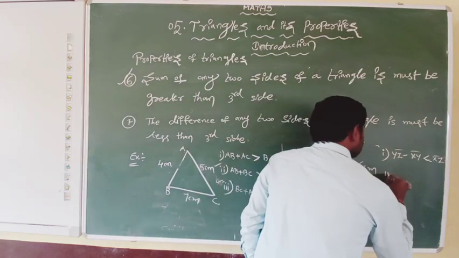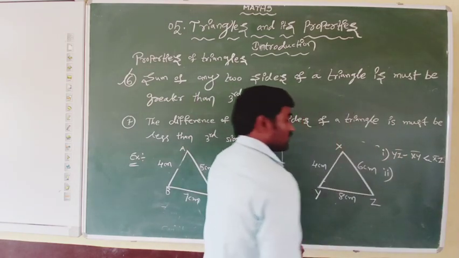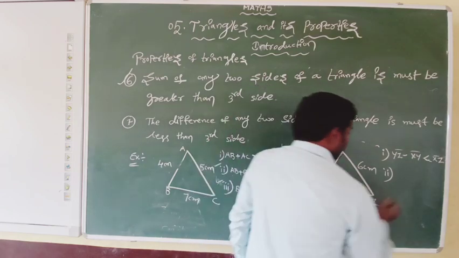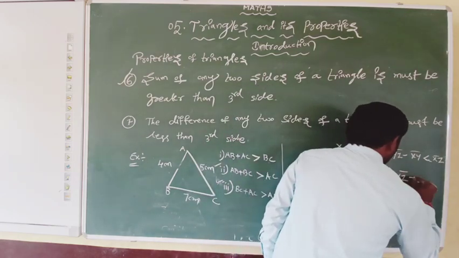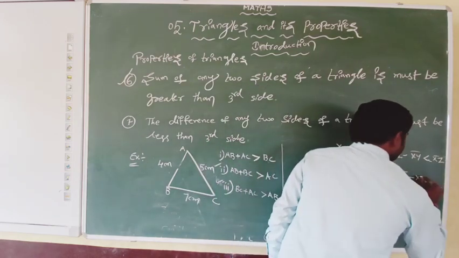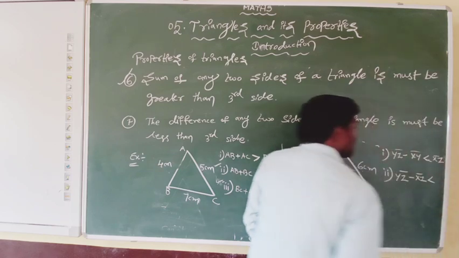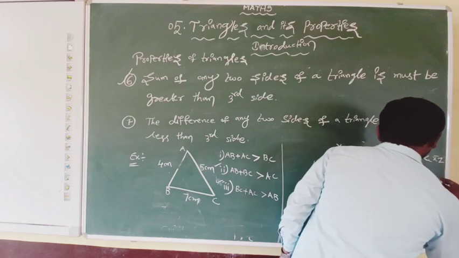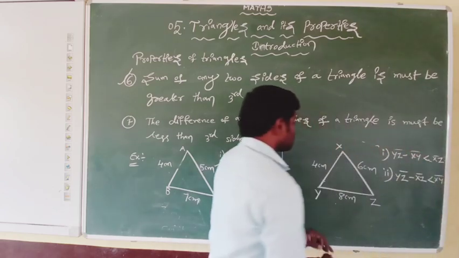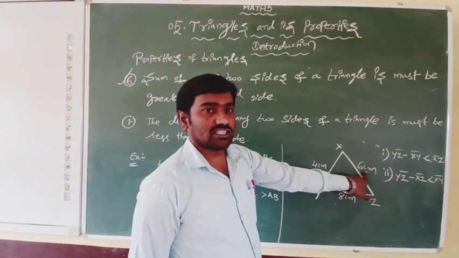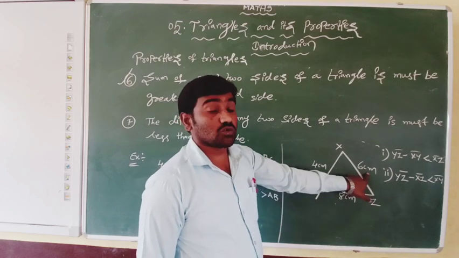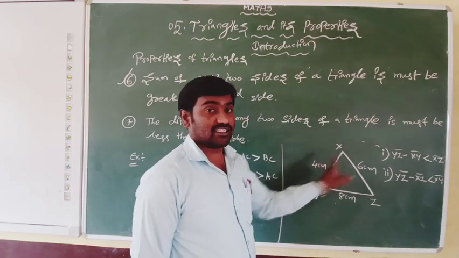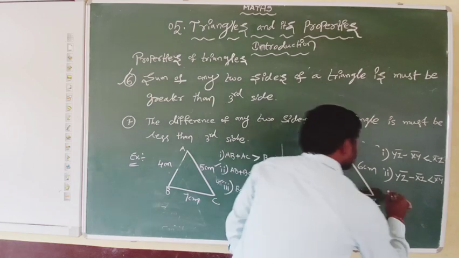Then the second condition is this. Let's go for that now. We'll take YZ minus XZ. It should also be less than the third side. Yes. Here 8 centimeter minus 6 centimeter. 8 minus 6 is 2. 2 is less than 4. It's also satisfied. Then the third condition.